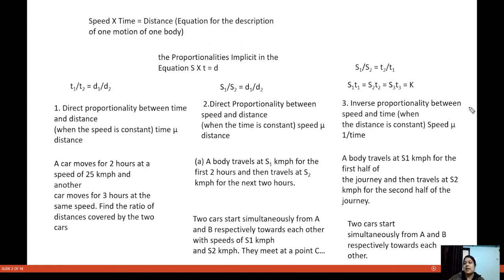Why? Because we are able to establish that S1 divided by S2 is equal to D1 divided by D2. Because see, if they are meeting at some place, then actually they are meeting at the same time.